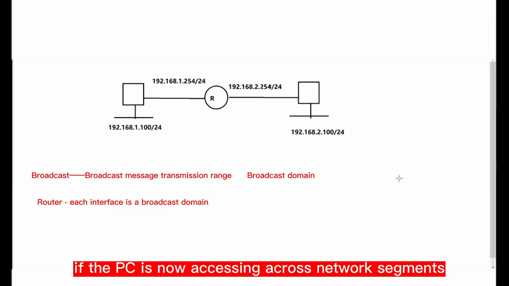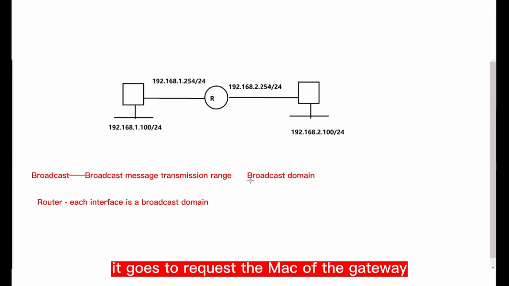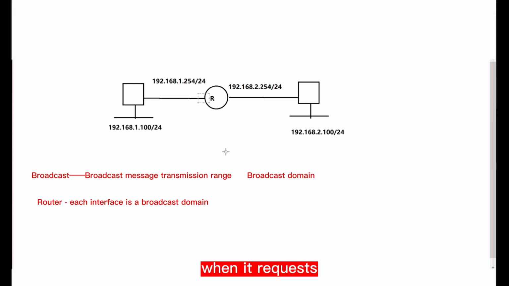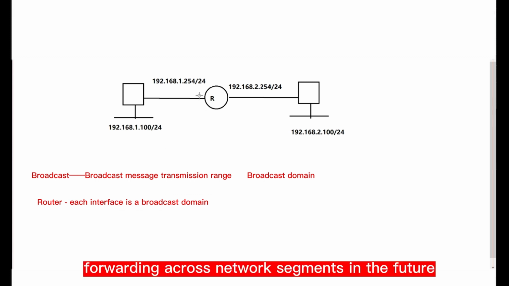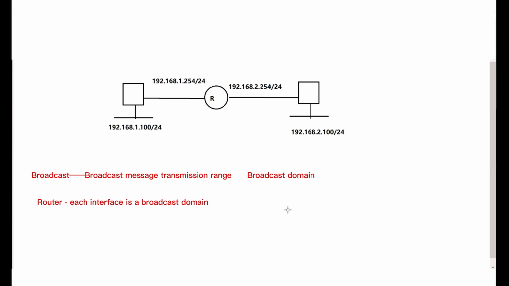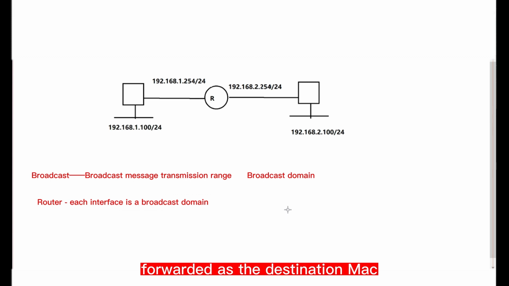If the PC is accessing across network segments, it requests the MAC of the gateway. In the local ARP cache, the MAC corresponding to the IP of the gateway will also be cached. For forwarding across network segments in the future, I will directly encapsulate the MAC of the gateway as the destination MAC.